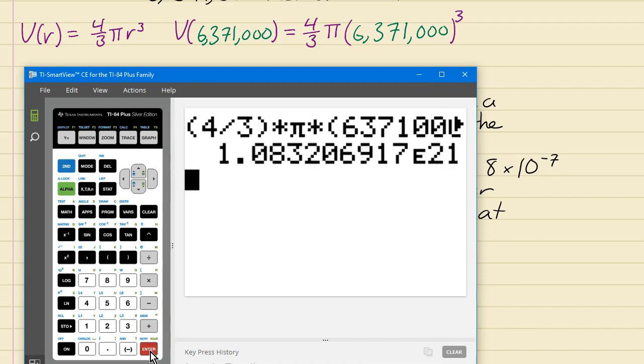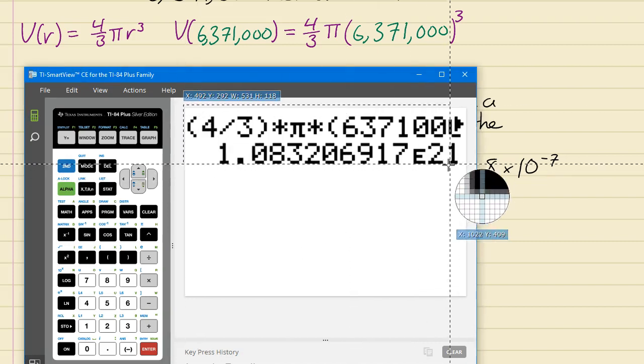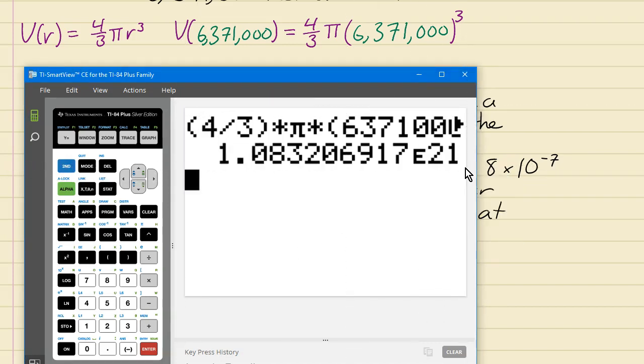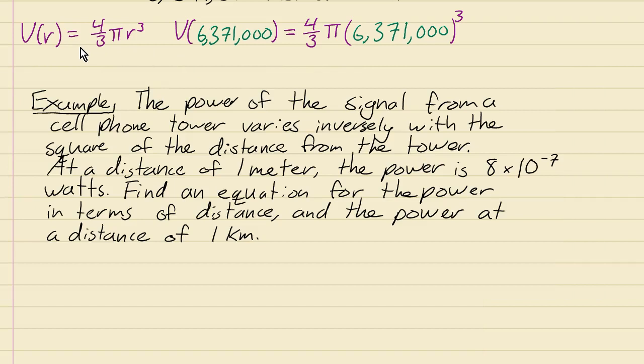And here's what your calculator tells you. It gives you 1.08, but that doesn't really mean 1.08 cubic meters, because that would not be that big. It has this E with a 21 here. So what that E with the 21 really means is times 10 to the power 21.